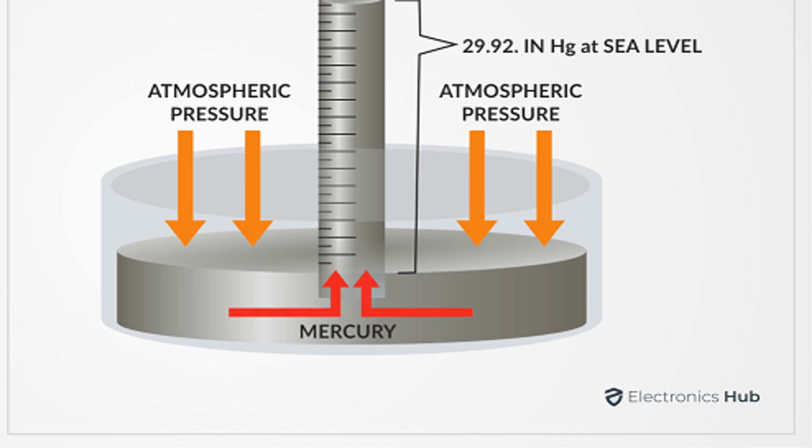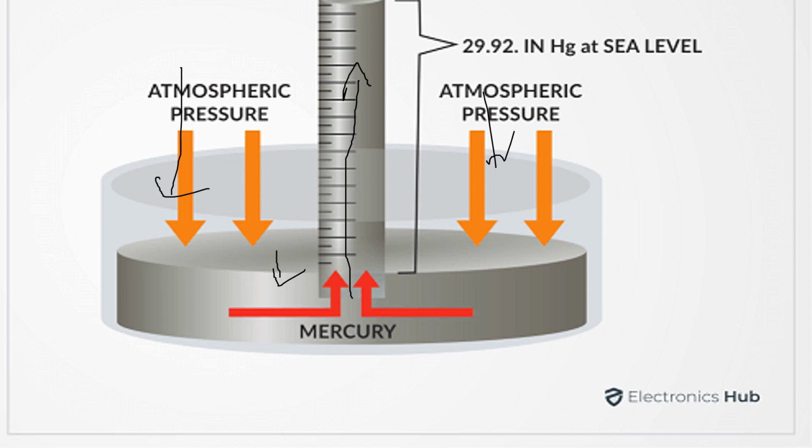As you can see here, when this barometer is placed in the atmospheric pressure, the atmospheric pressure causes a force downwards on the mercury, and when this mercury is pressed downwards, the mercury inside this goes upward.